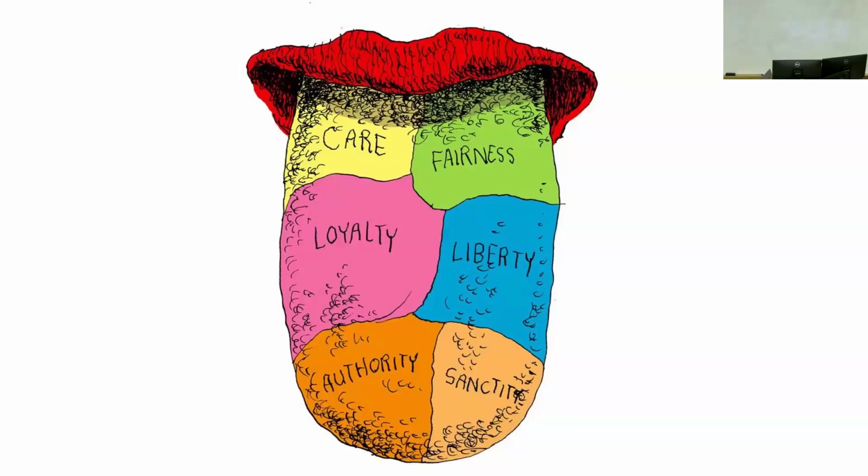He makes the argument, based on surveys of tens of thousands of people all over the world, that there are 5 sort of hardwired components to most human beings' moral psychological framework. Some other people have added a 6th.